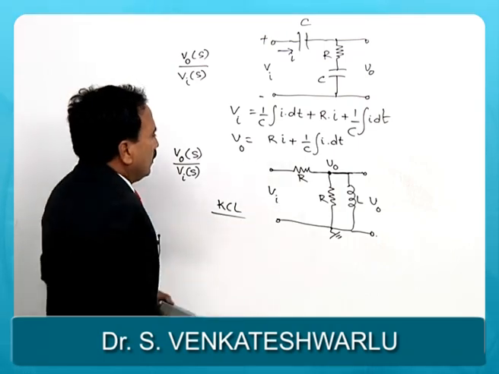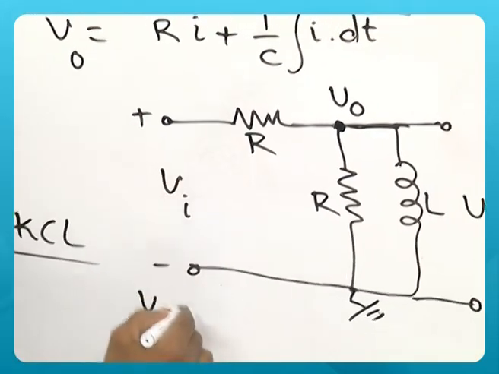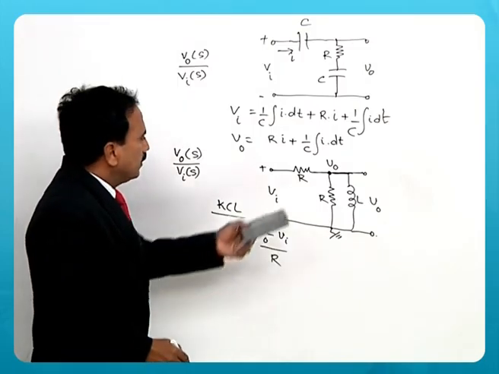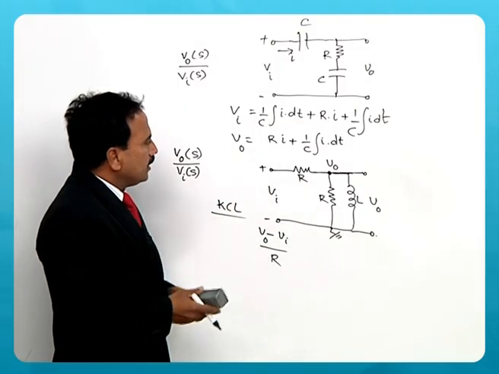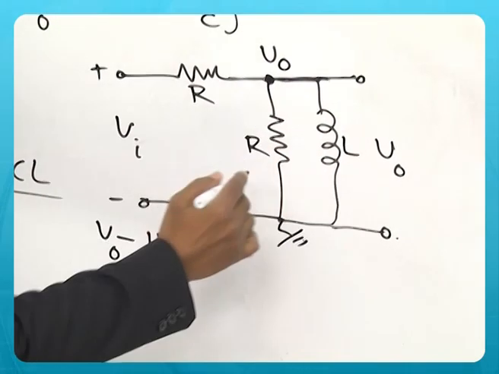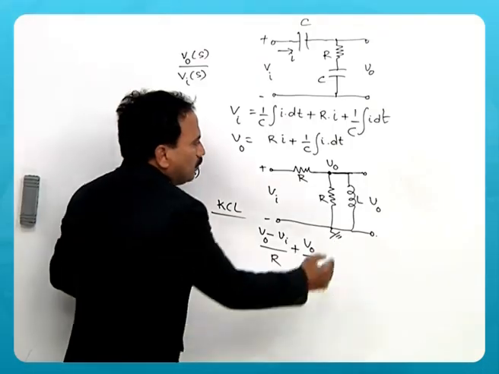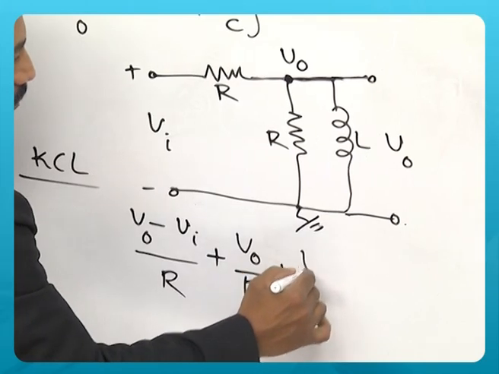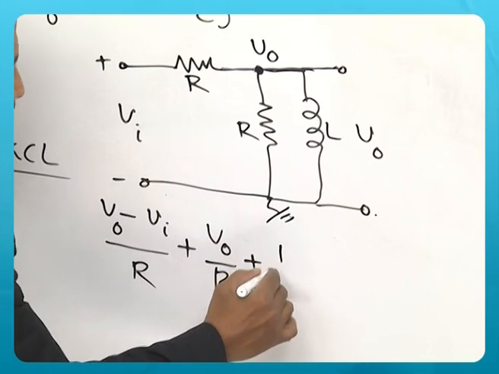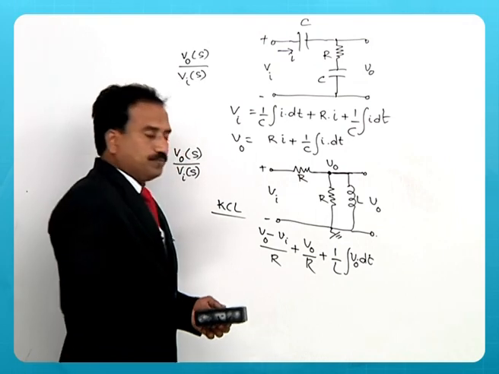So V0 minus Vi with this polarity by R, this is the current in this branch, and what is the current in this branch? Plus V0 by R, and what is the current in this branch? Plus V0 by L, 1 by L integral V0 dt.